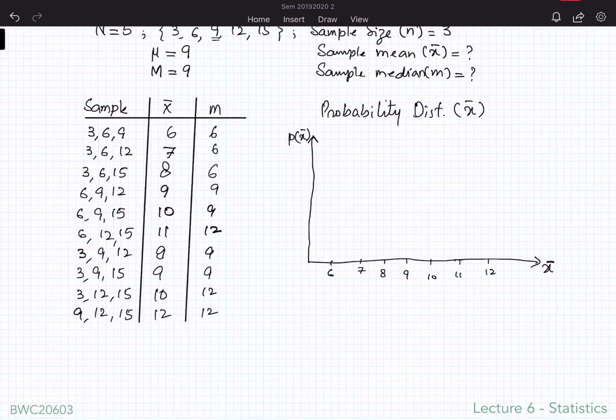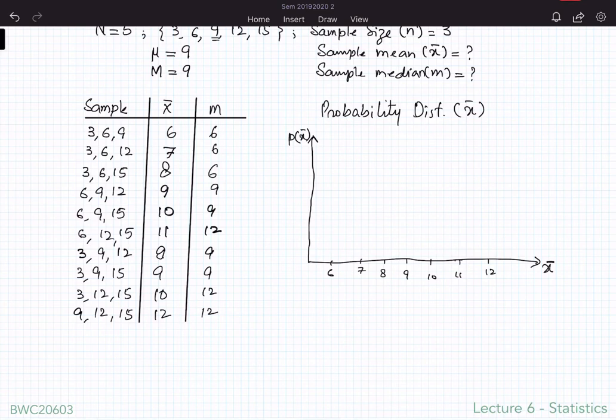and 12. The probability for each one is calculated by counting how many numbers there are: 1, 2, 3, 4, 5, 6, 7, 8, 9 and 10. There are 10, so each of these is the number of times it appears divided by 10.